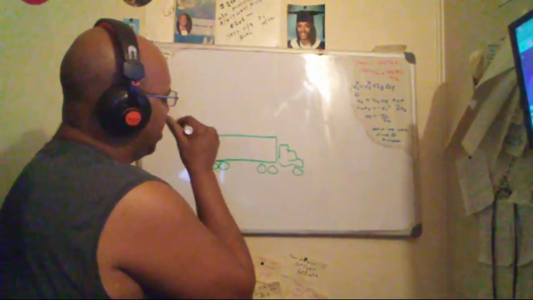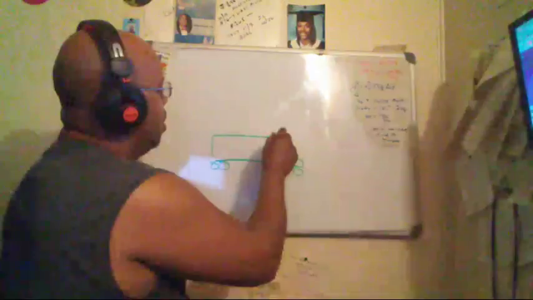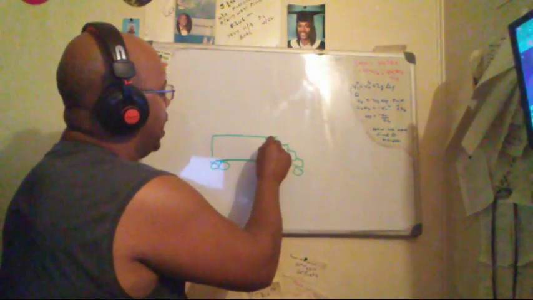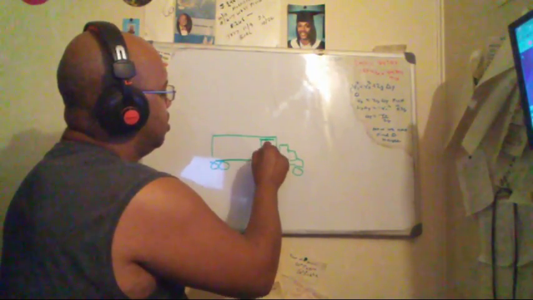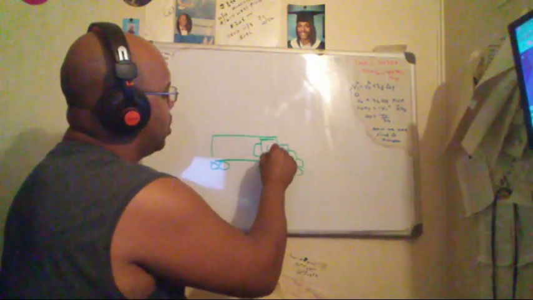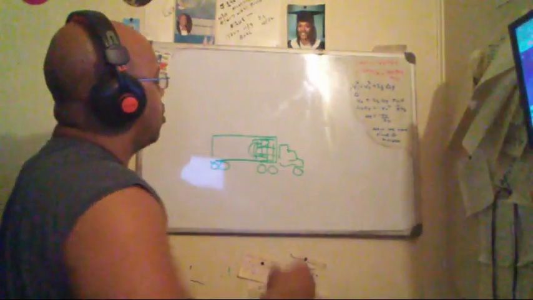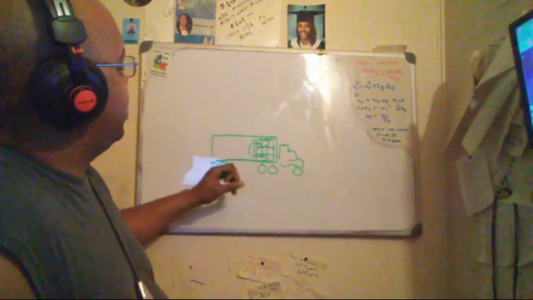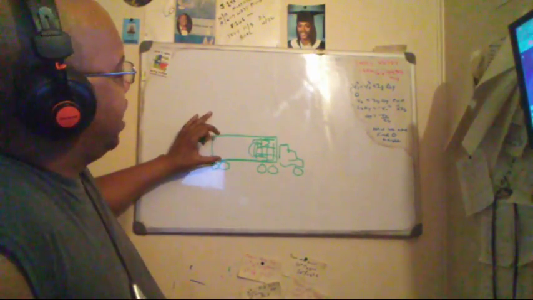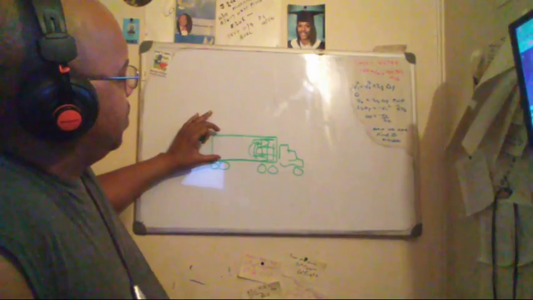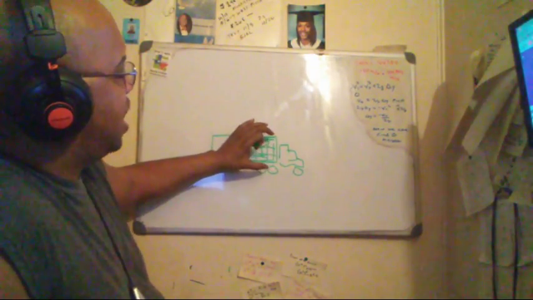So, 18-wheeler. When we're loading this, we want more weight centrally located above the drive tires. So this will represent the cargo in here. As we load it, we don't want the weight back here. We want most of the weight over the drive tires.